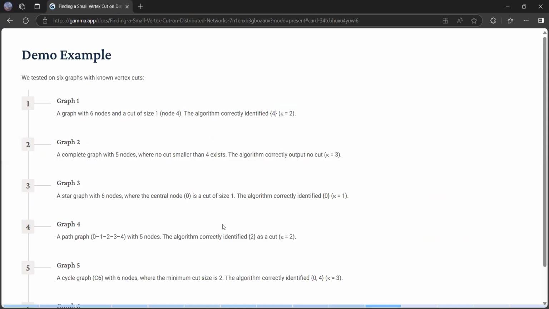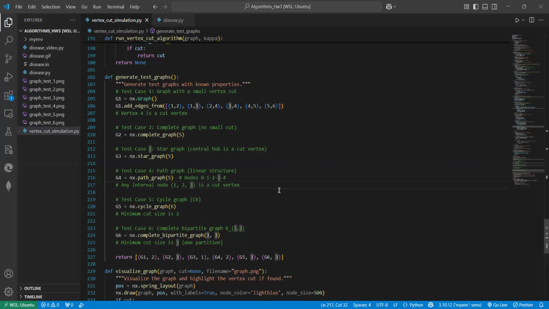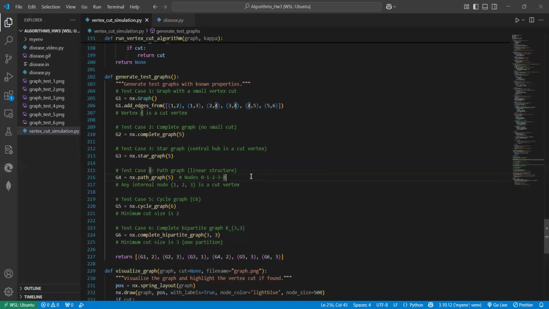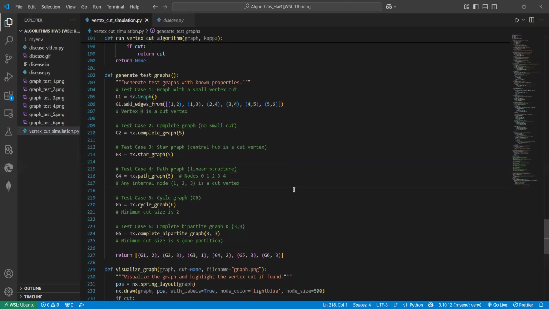So I'm going to talk a little bit about the demo. We have implemented the code, the source file for which is available in our repository. Let me show you how that code works. We haven't used any large or complicated data sets. We defined simple graphs ourselves to see if our algorithm can find the correct vertex cut. Then we generated graphs based on that cut using Python libraries.